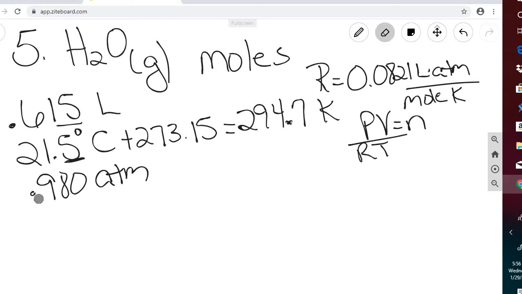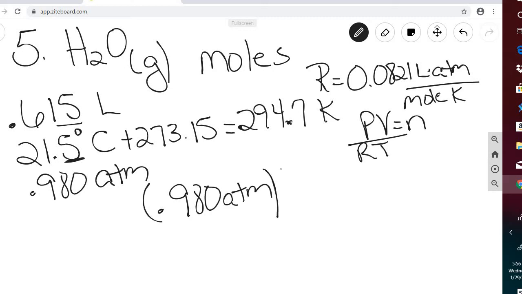Okay, so let's plug in numbers. So the pressure was 0.980 atmospheres. The volume in liters, 0.615 liters.